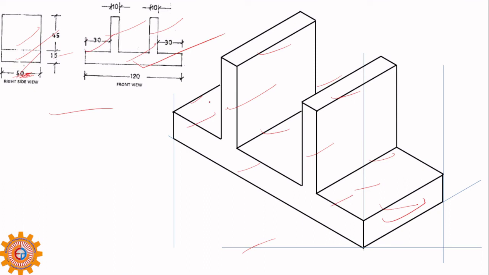So you can draw vertical lines here. Here it is 30, it is 30, in between it is 40, this is 10, this 10, the height is 45. So this is 45 up to this, and this is 50. I hope you understood. Draw well, get good marks.